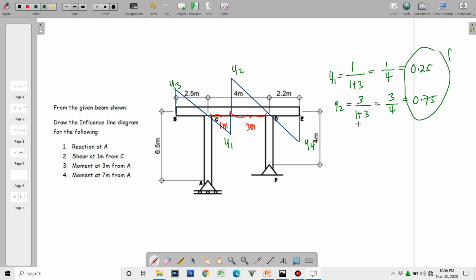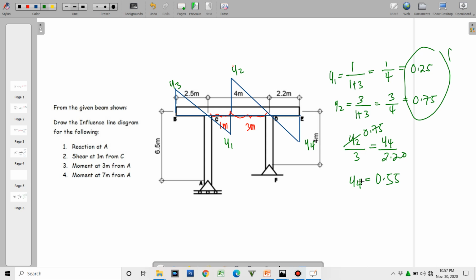And then by that, you can already use this y2 in solving y4 and y1 in solving y3 by ratio and proportion again. Let us have the right portion. Say y2 is to 3 is equal to y4 is to 2.2. So get the value of y2, which is 0.75. So therefore y4 is 0.55. So we do the same on the left portion involving y3.